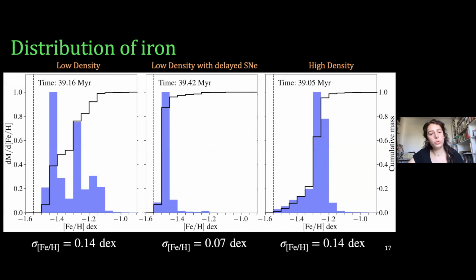So going to the distribution of the iron over hydrogen ratio, the blue one is the second generation, while the dashed line represents the third generation composition. As you can see, in all our cases the dispersion of the iron over hydrogen ratio is quite large, and so in agreement with type 2 globular clusters, in particular for the low and the high density cases.